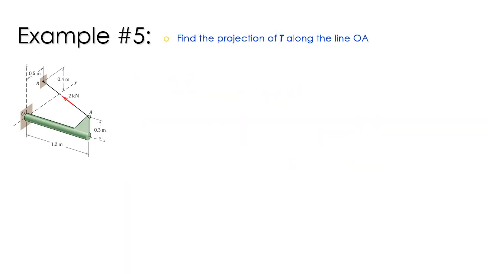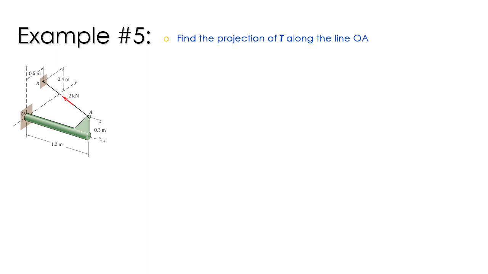For example number 5, we are asked to find the projection of T along the line OA. First, we need to determine the vector components, or vector form, of our T along line AB.